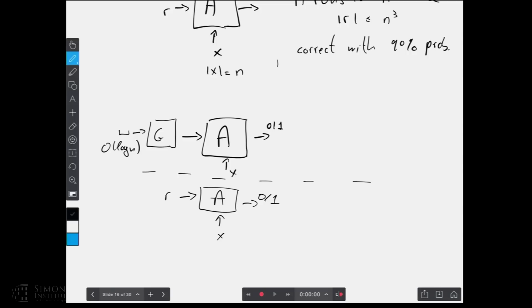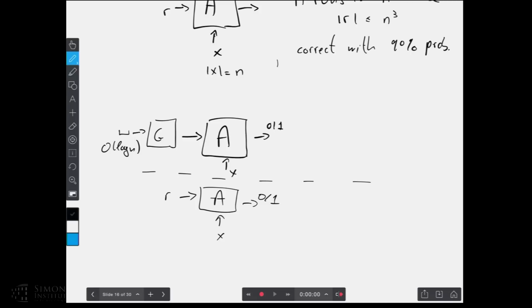Let's consider those two probabilistic experiments. We run the algorithm on valid randomness. We run the algorithm on the output of the generator. Here, the correct answer, whichever it is, comes out 90% of the time.